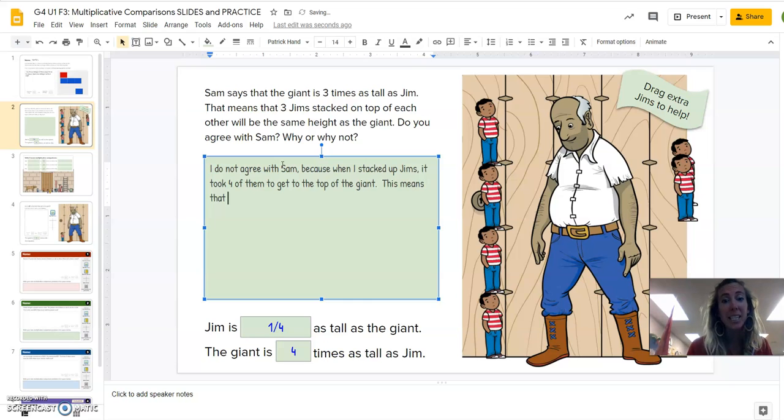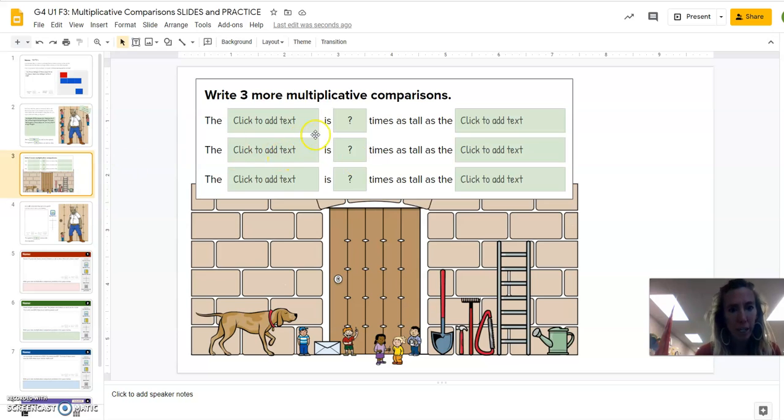This means that the giant is 4 times as tall as Jim. Jim is only a fourth as big as the giant. He's only a fourth. He's not half. He's a fourth. Whew. Okay, let's check out some more giant stuff.